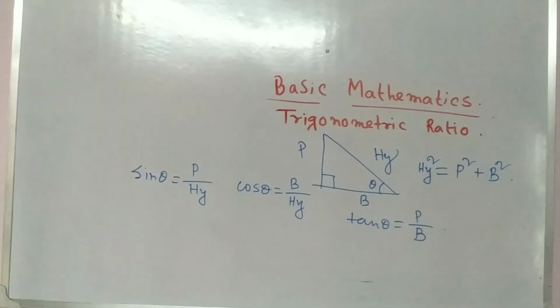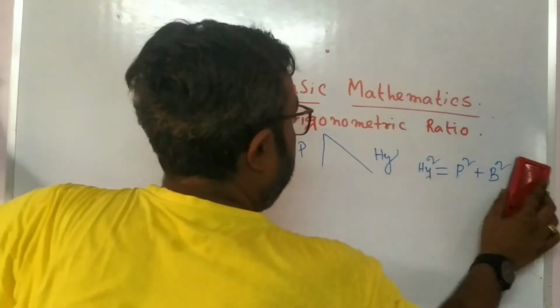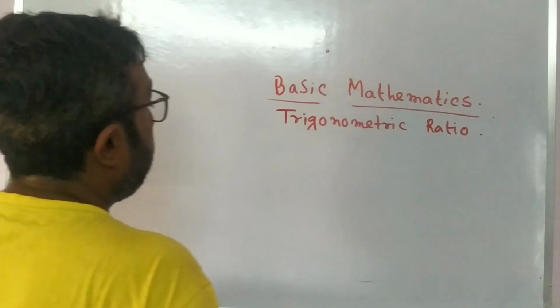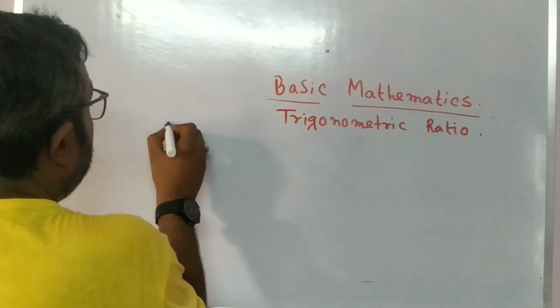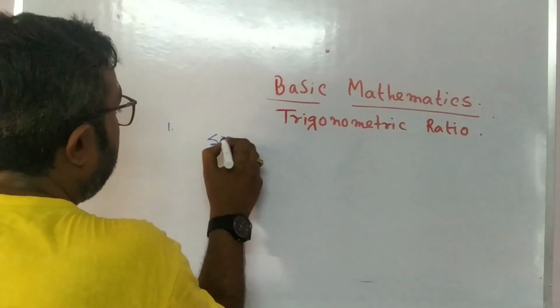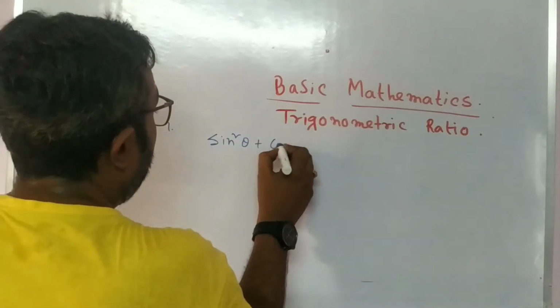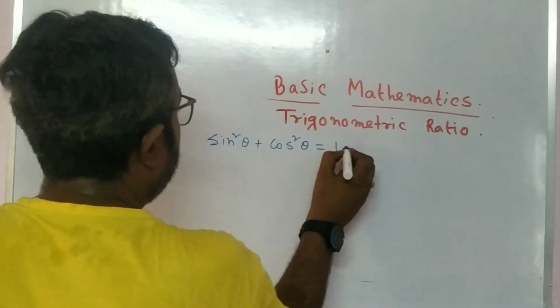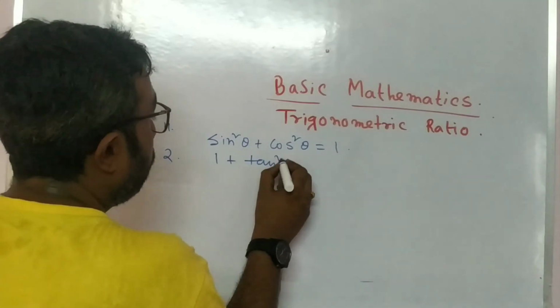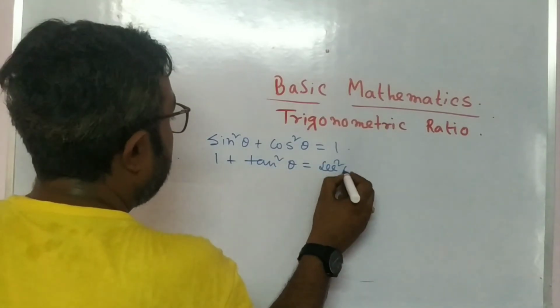Now we write all the trigonometric useful formulas. देखो यहाँ पे सबसे पहला और फंडामेंटल जो फॉर्मूला है वो क्या है हम लोगों के पास, sine square theta plus cos square theta equal to 1. Then we need to write 1 plus tan square theta equal to sec square theta.